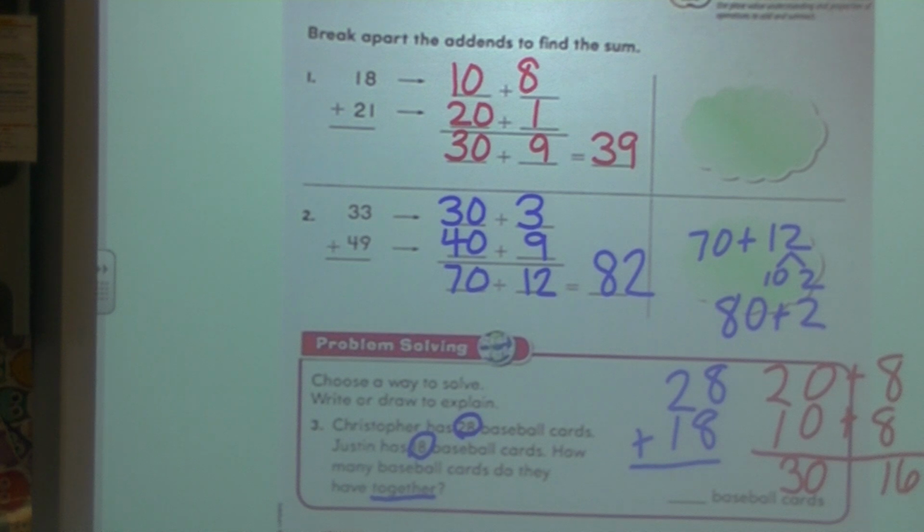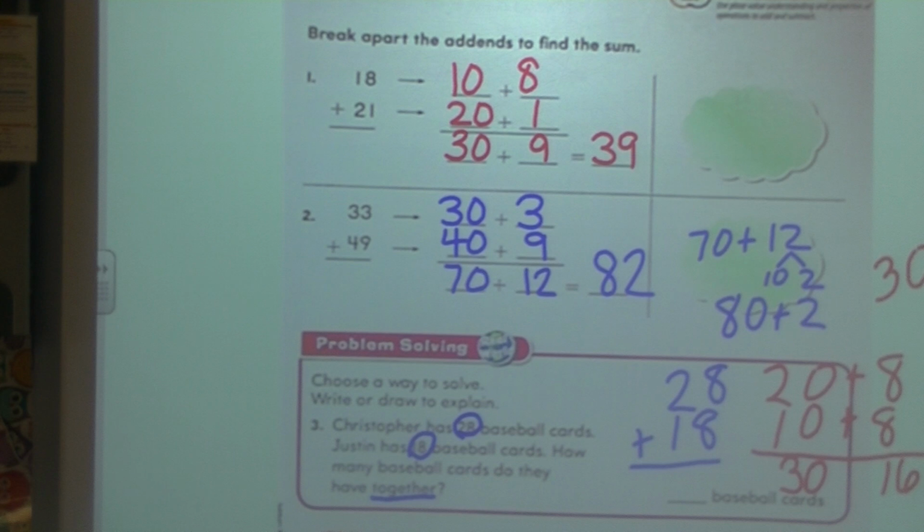So I'm going to have to break that down again. 30 plus 16. All right, 16 is 10 plus 6. So what's 30 plus 10? 40.